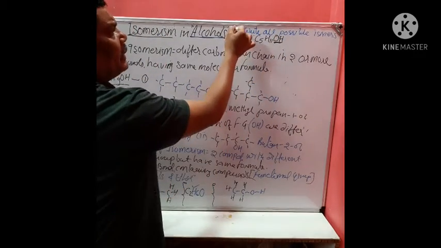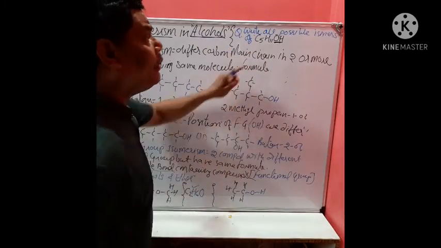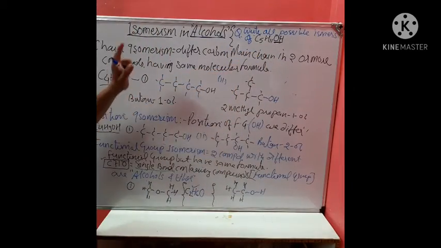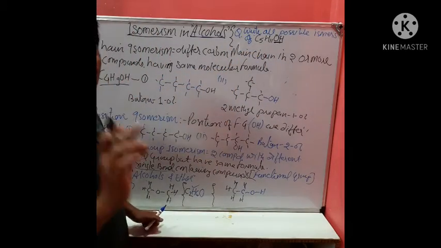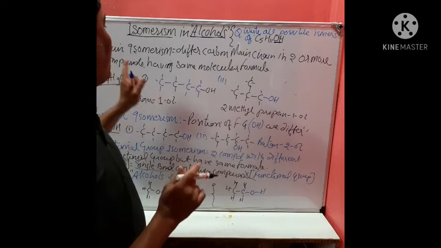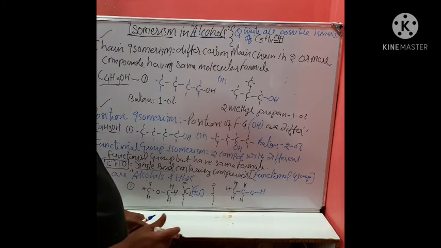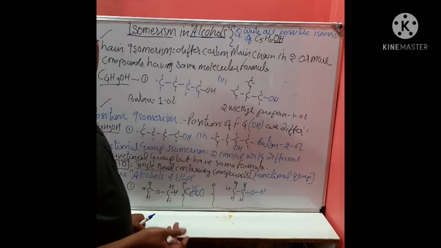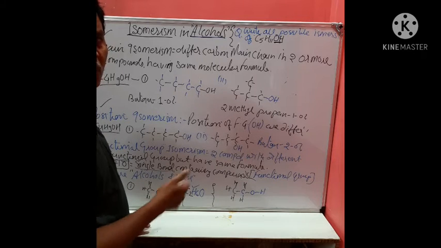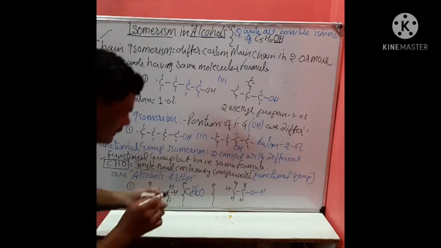So you have to write all possible isomers. How many isomers are possible with this formula? For this, what you have to do? You have to start by mentioning chain isomerism, position isomerism, and also functional group isomerism. Are you getting it? So search for the question.